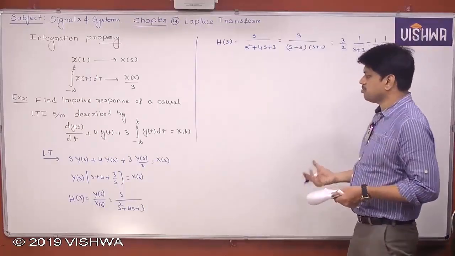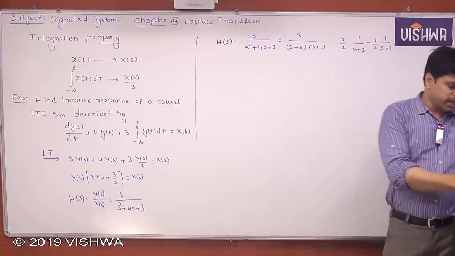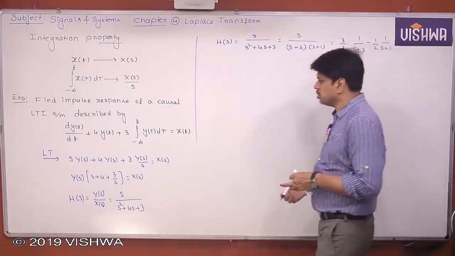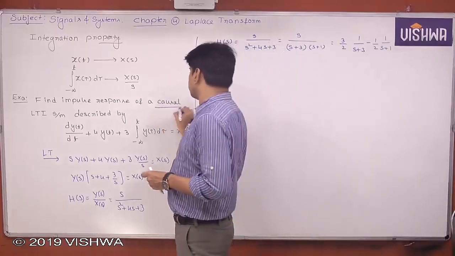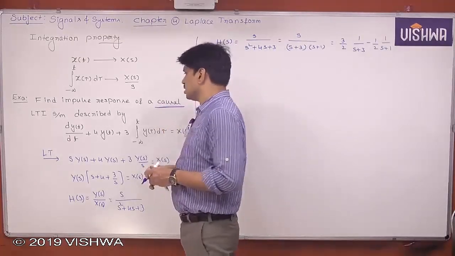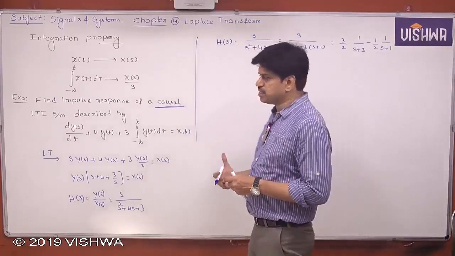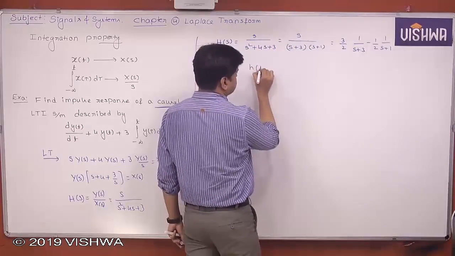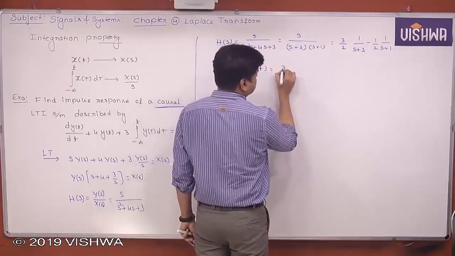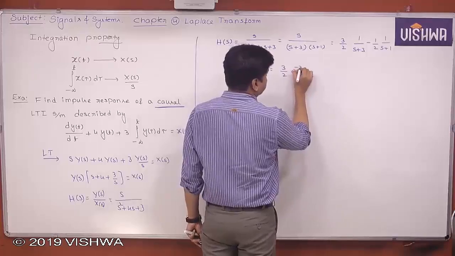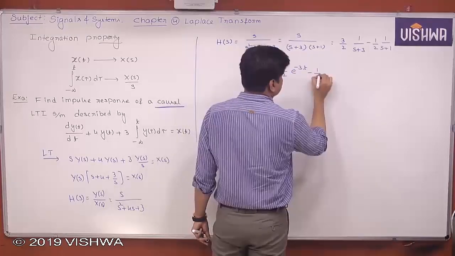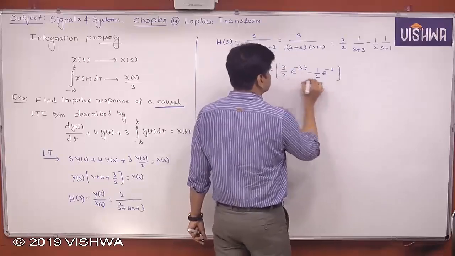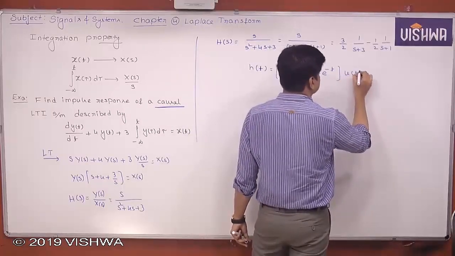Now we have to simply find h(t). To calculate h(t), that may be right side, that may be left side, but they have given one clue here, that is causal. Causal means it has to be a right-sided sequence. So directly we can write h(t) is equal to (3/2 e^(-3t) minus 1/2 e^(-t)) u(t).